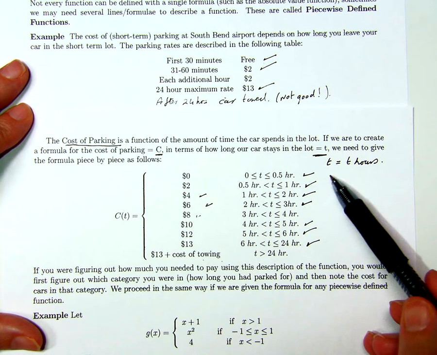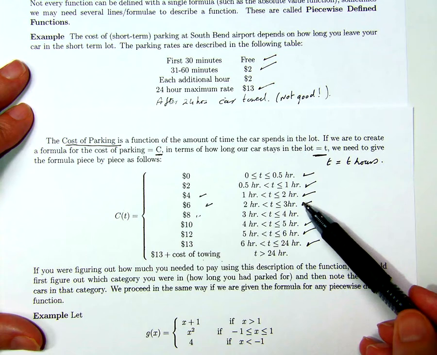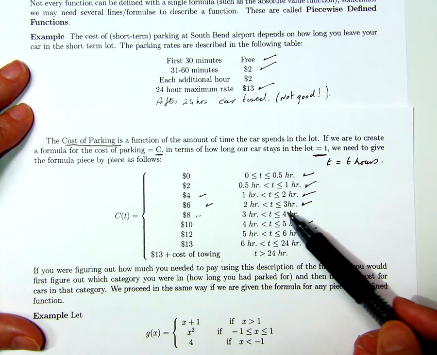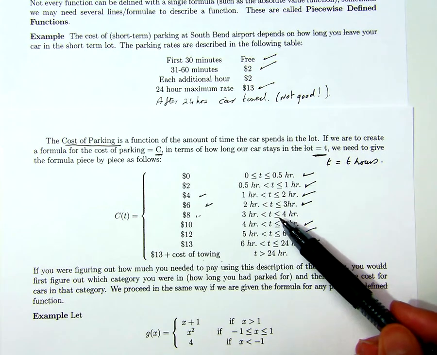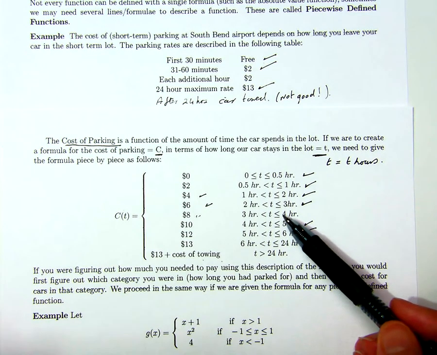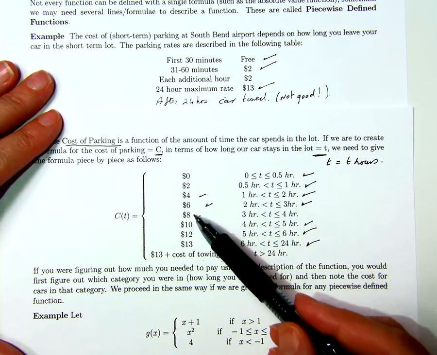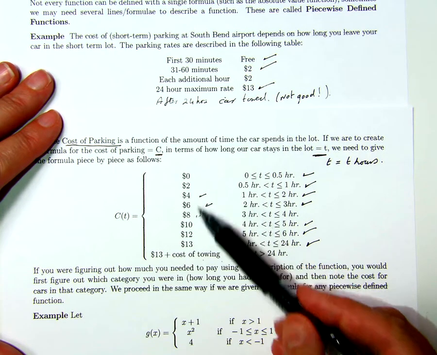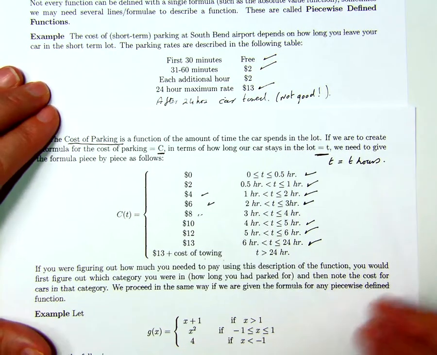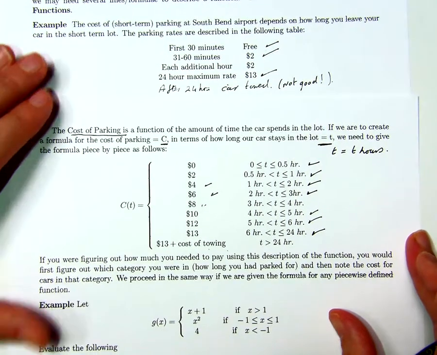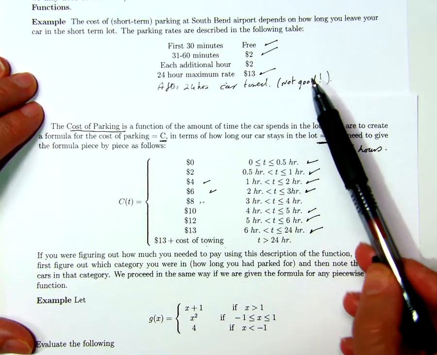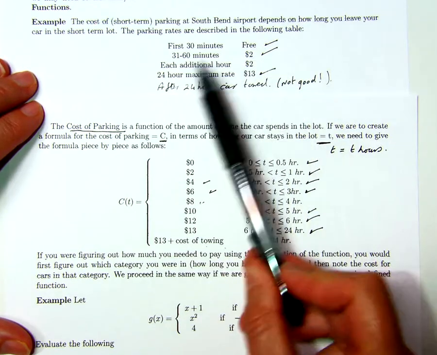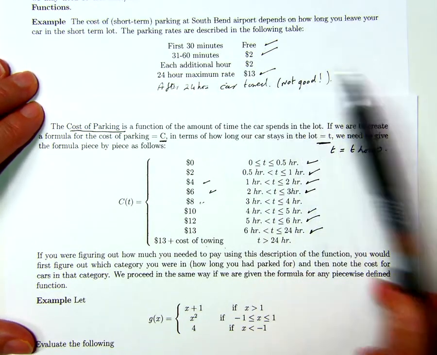And to evaluate that cost, I have to figure out which of these time frames the time that I've left the car in the lot fits in, and then figure out how much that costs according to this complicated description. Now, there's absolutely no way to describe what's going on here in a single formula, as the people who made this placard at the airport figured out.